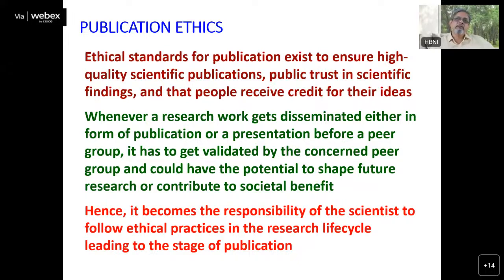Then that validation will give enough credence for a potential to shape future research or to contribute to the society. So that means, because of all these issues, it is the responsibility of the individual scientist to follow ethical practices in the entire research life cycle, leading up to the stage of publication.